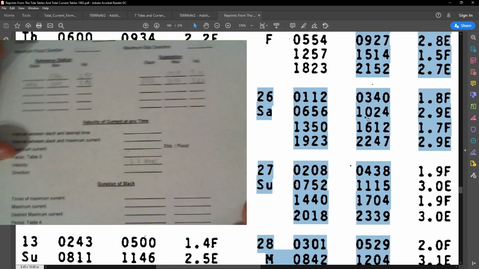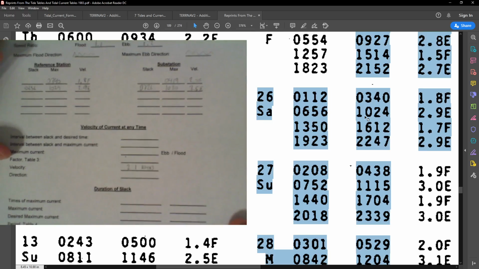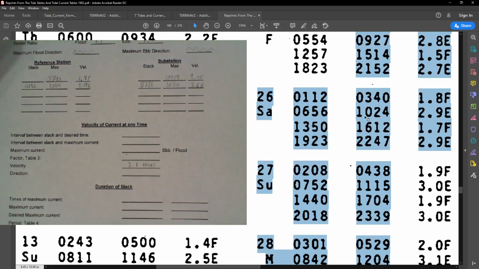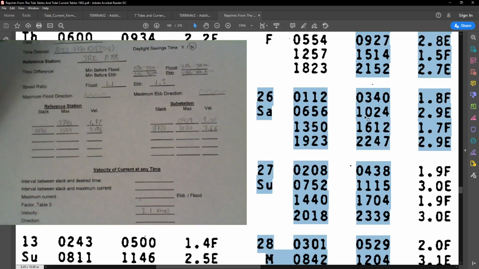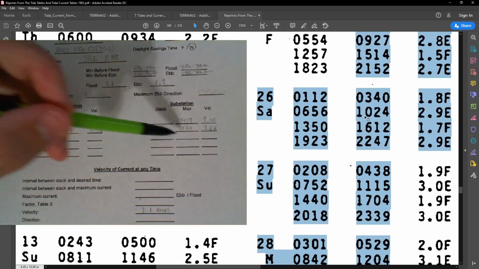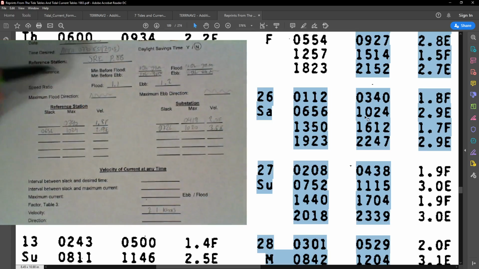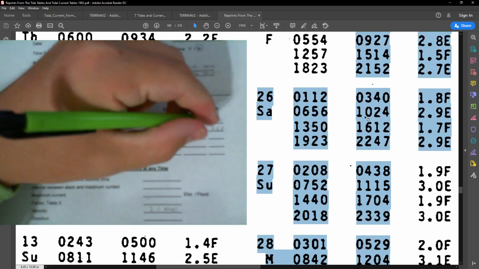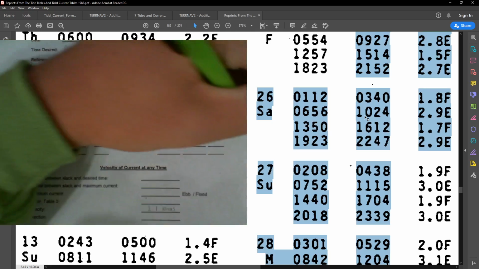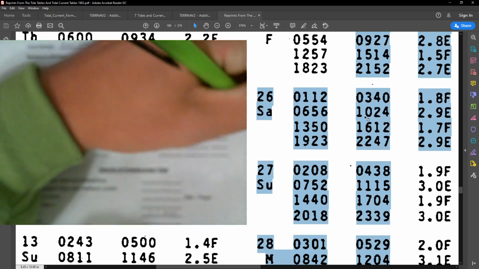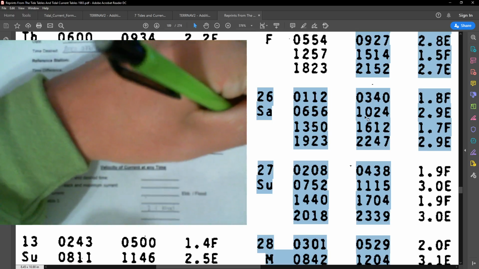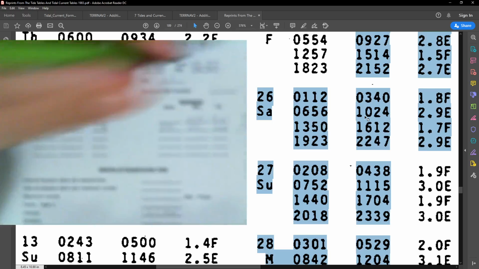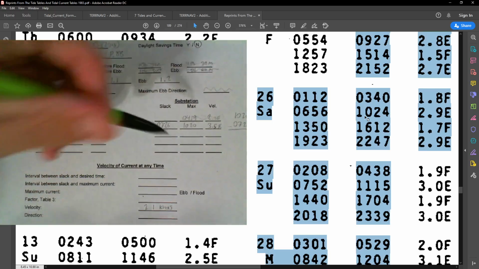Now that we have that, we're going to be using the similar process that we did during the last problem. Now that we know that 0730 does fit between these two numbers, the top row therefore becomes irrelevant. Now we're going to do 1020 minus 0726 to find the difference between our slack and max.